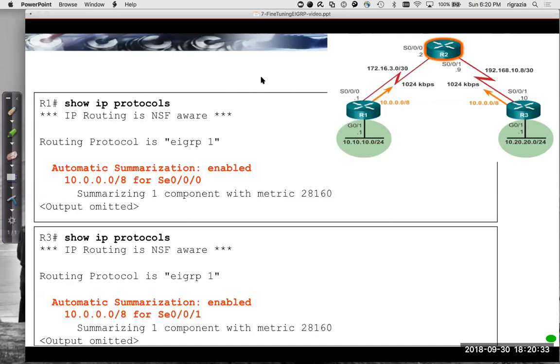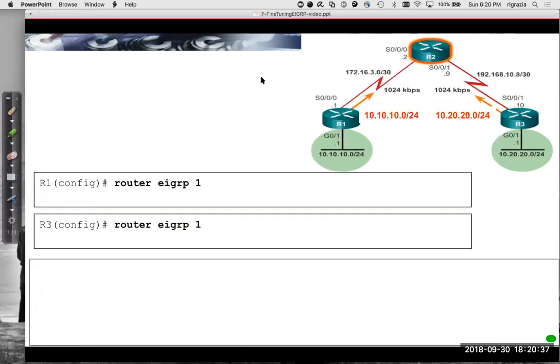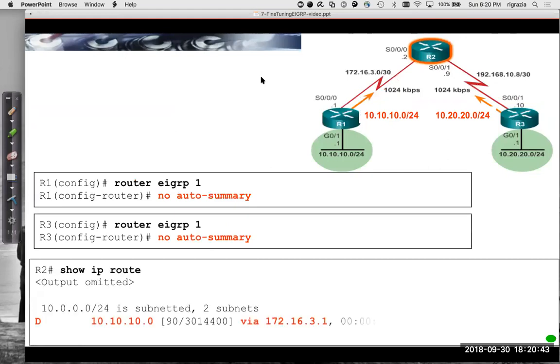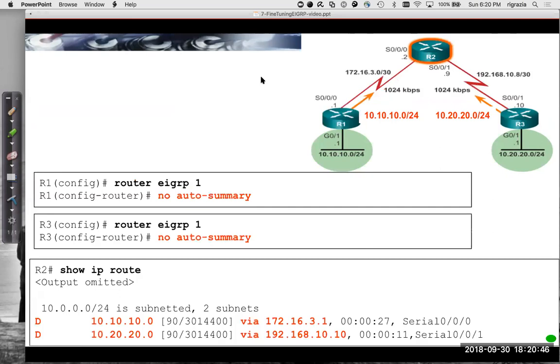In any case, you're going to have inconsistent results. So what you want to do on both routers is no auto-summary. What that will cause on router R2 is to get the specific subnets and not a summary.